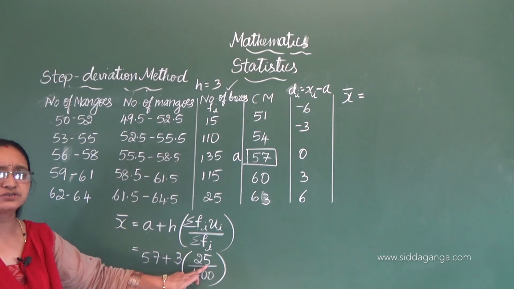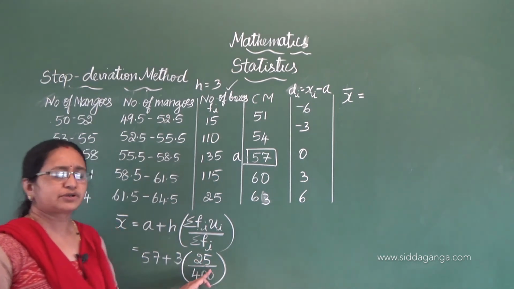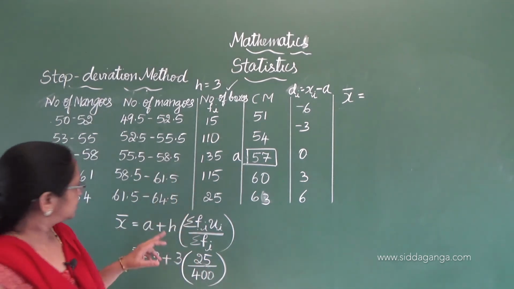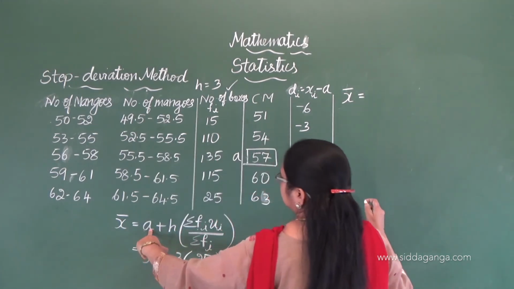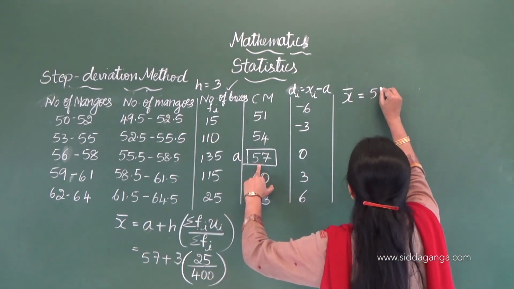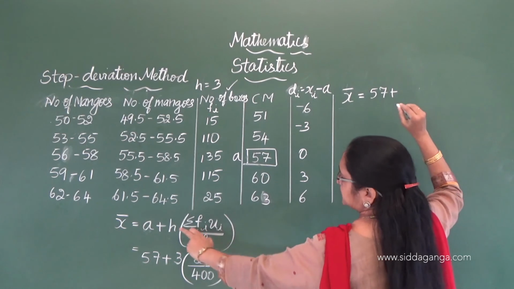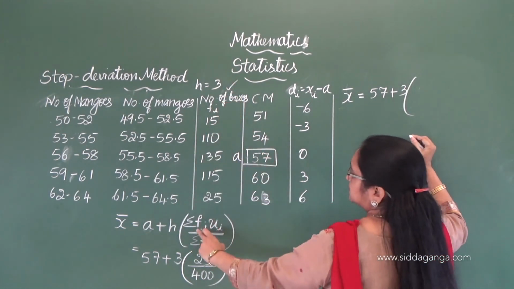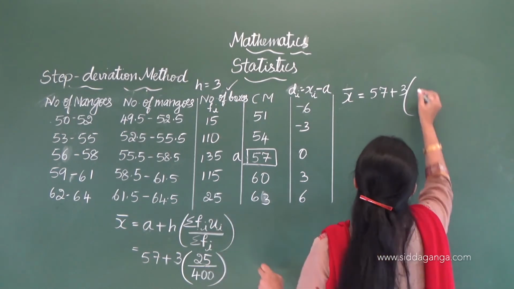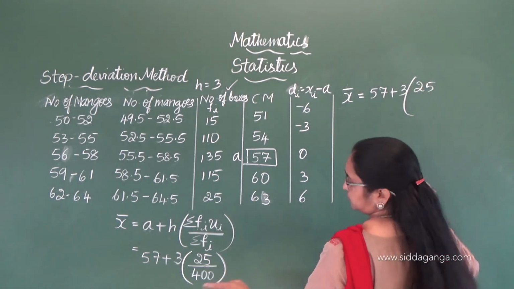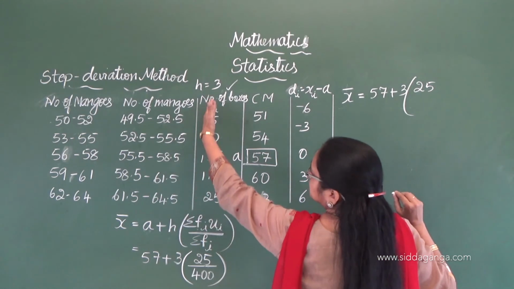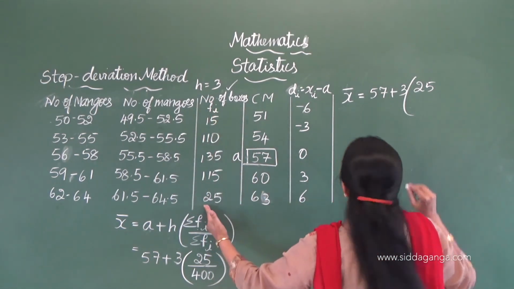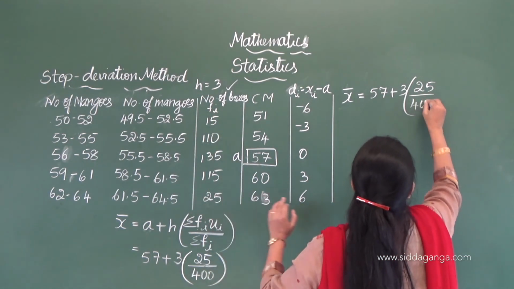A is 57, H is 3, the width of the class interval, and sigma Fi ui is 25. Now we have found sigma Fi, the column total, divided by 400.